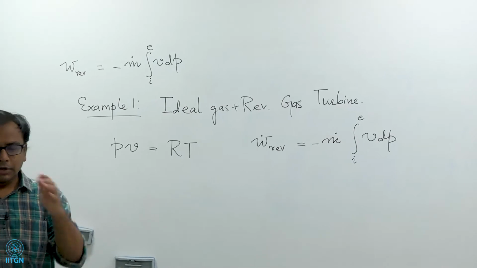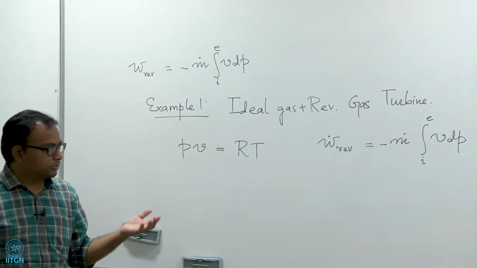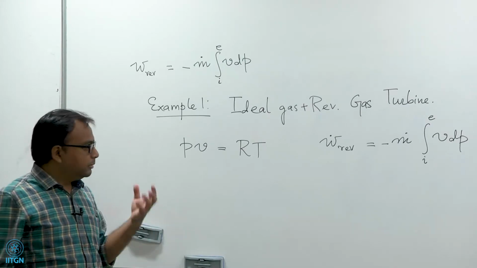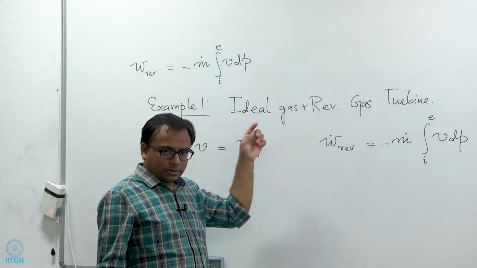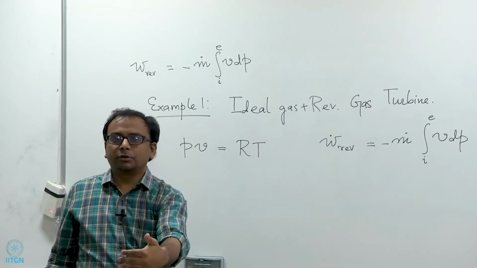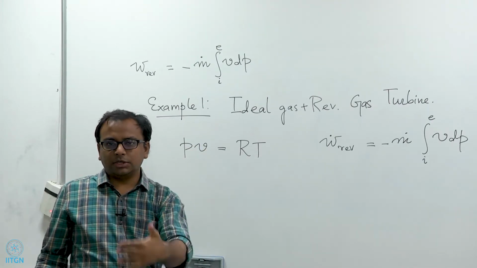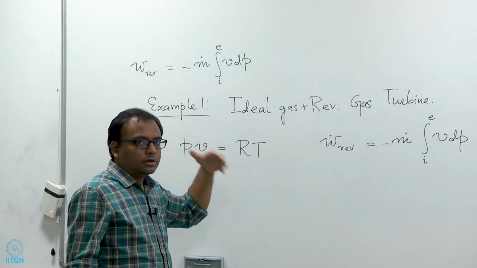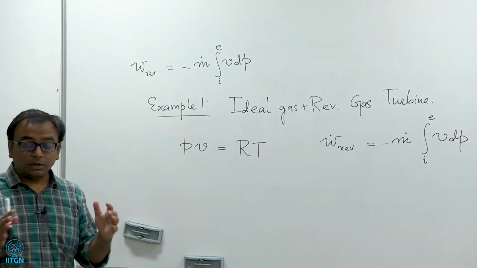On top of that, the turbine essentially acts as an isentropic device, meaning that the gas inside the turbine goes through an isentropic process. So, whatever thermodynamic change of state happens inside the turbine for the ideal gas, it happens in an isentropic manner.